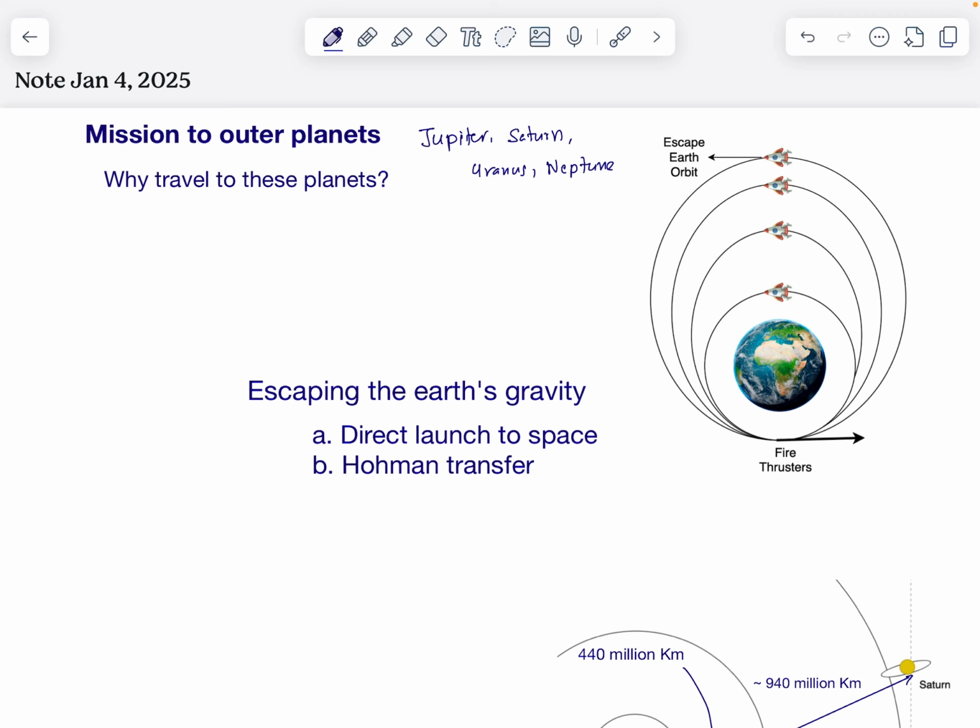Okay, so it's really interesting to be able to travel to these planets, and we want to know why somebody would do that.